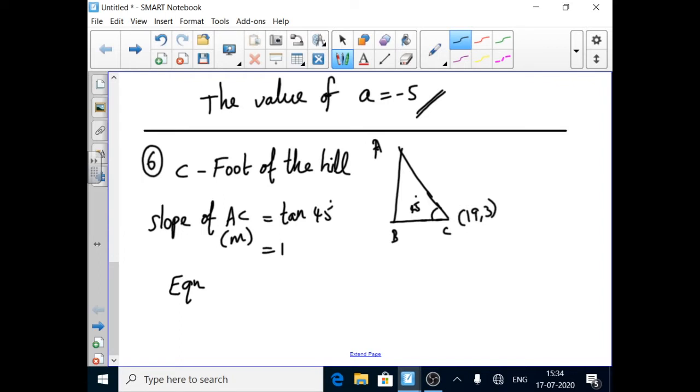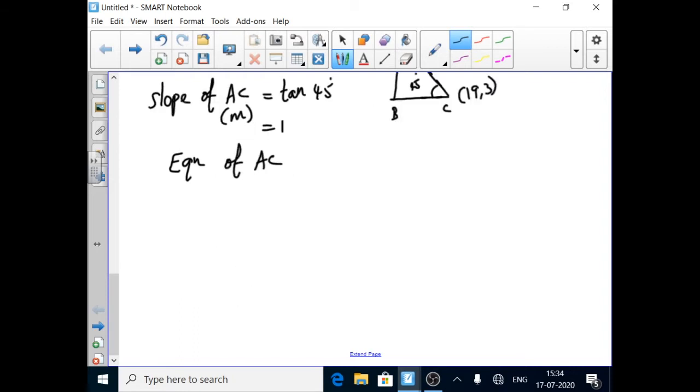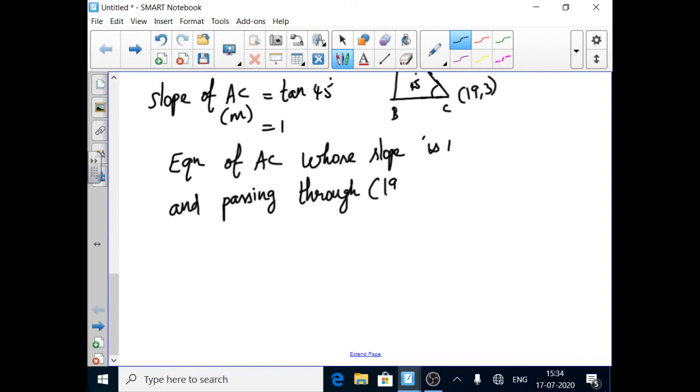So the equation of AC whose slope is 1 and passing through the point they have given, that is (19, 3).